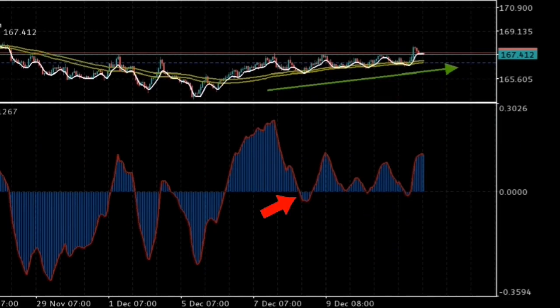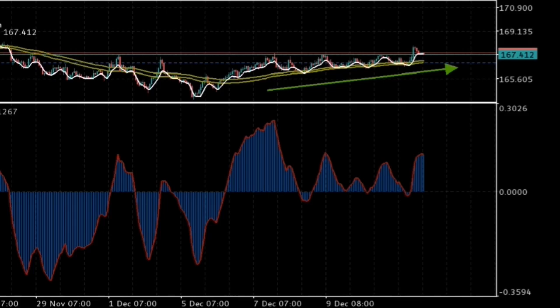It's just like here, price was on the upper side of the zero level, and then it came below, right here, and then it went up again. So you wait for price to come below the zero level, and then you wait for it to cross again to come on the upper side of the zero level.